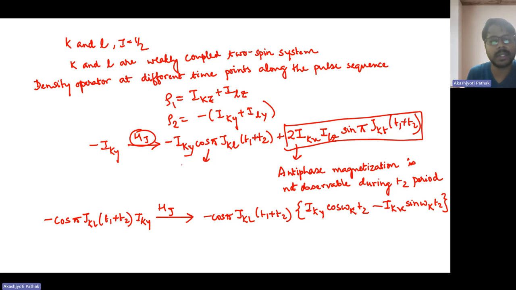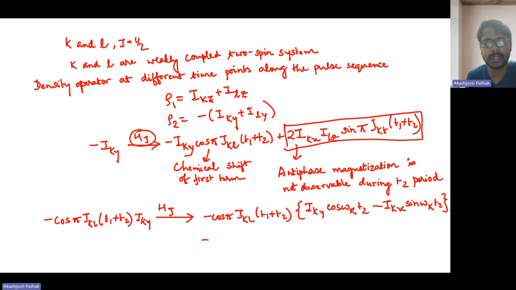If we consider the chemical shift of the first term, and if we assume Y detection only, then the signal will be proportional to what?